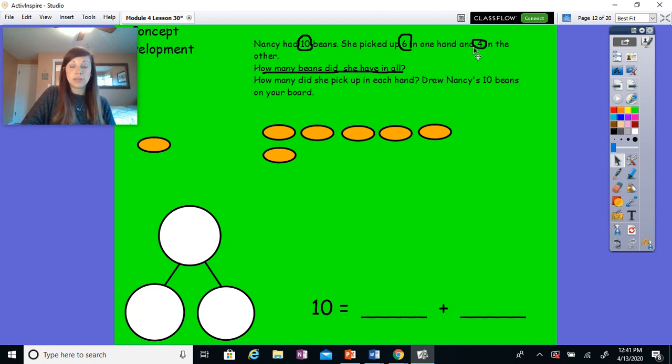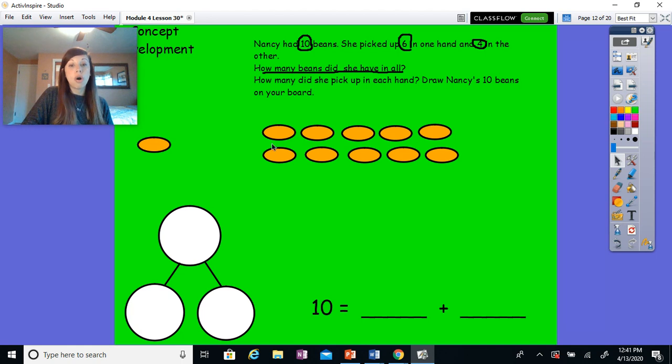Now, it says that she picked up 4 more beans in the other hand. So let's count out 4. 1, 2, 3, 4.